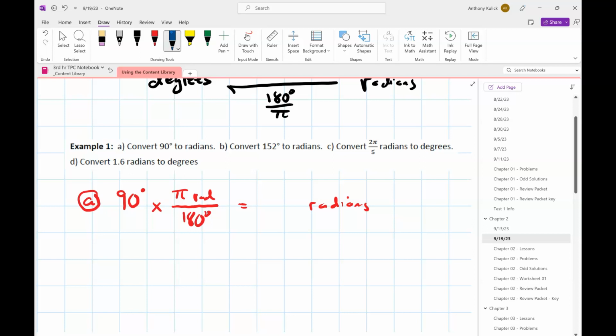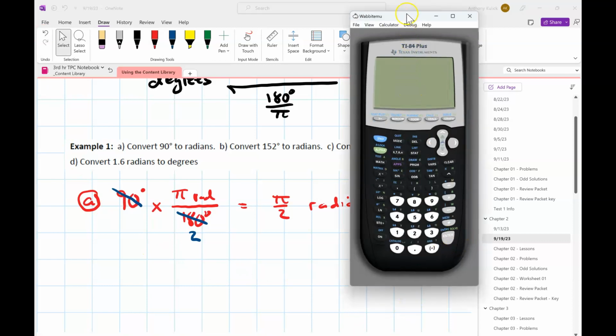What's the common factor between both of them? 90, right? So if I divide 90 by 90, that becomes 1. If I divide 180 by 90, that becomes 2. So we could write this as pi over 2 radians. That's the preference. Or you could write this as a decimal.